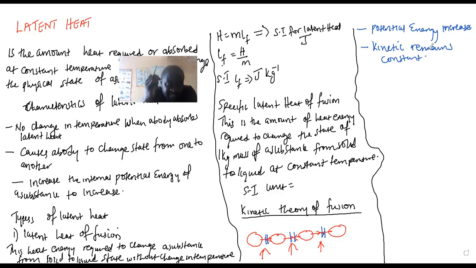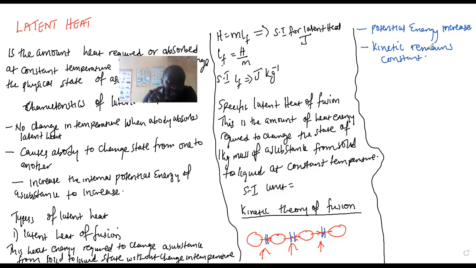So we have seen that to melt a solid to a liquid, we have to apply latent heat of fusion to that solid. When it is applied to a solid, the energy is used in breaking the intermolecular crystalline structure of the solid. When that has been broken, the potential energy of the molecules is going to increase, whereas their kinetic energy is going to remain constant.